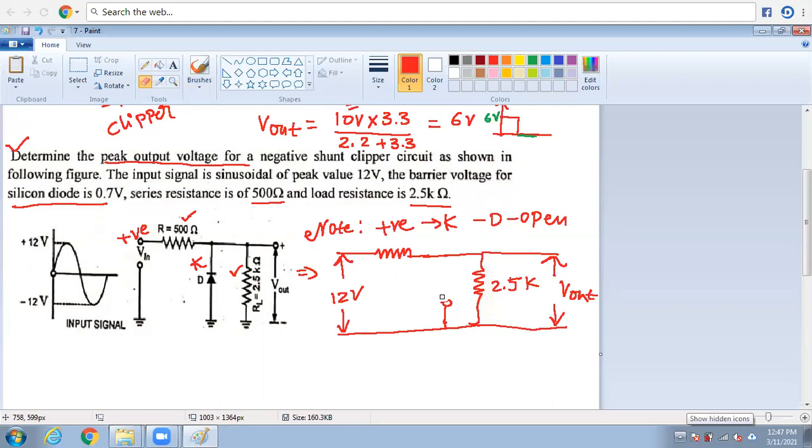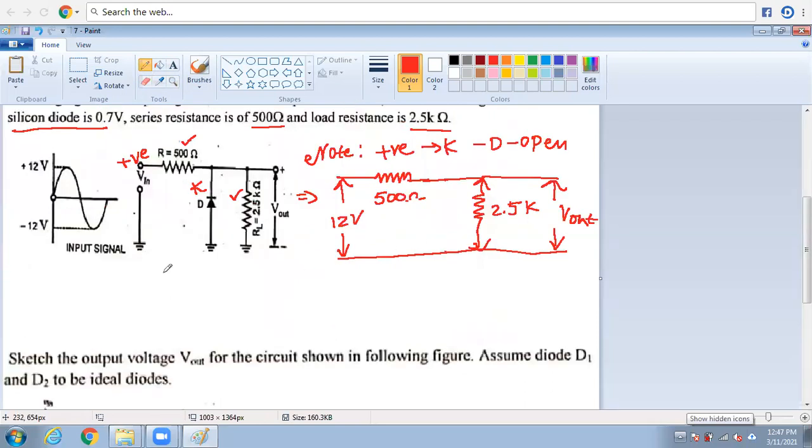Simply we can calculate the output voltage with the old formula. This is the 500 ohms. What is the formula? Very simple. Output voltage equals the particular resistance over total resistance times the input voltage of 12 volts, that is 2.5 kilo ohms by the total resistance.